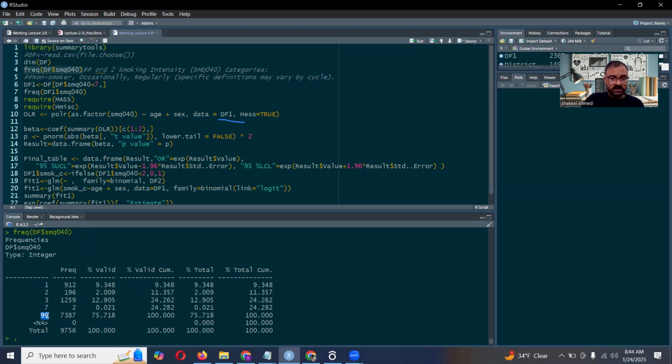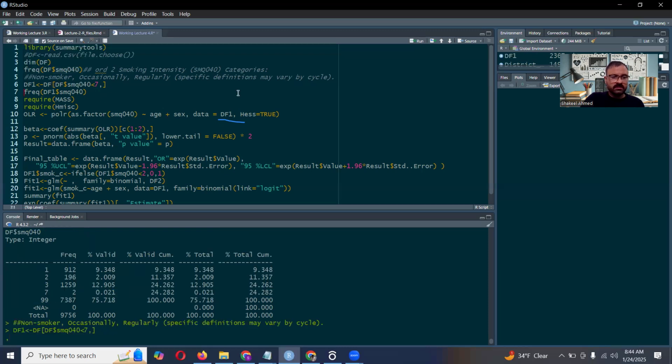For these categories, we have no responses. So I'm just dropping these two categories and keeping only three categories, taking the sample with smoking variable less than 7, and you can see now we have only three categories.